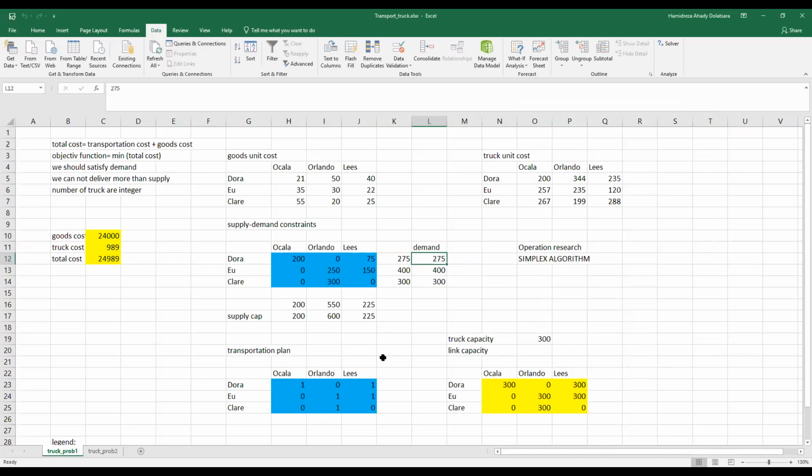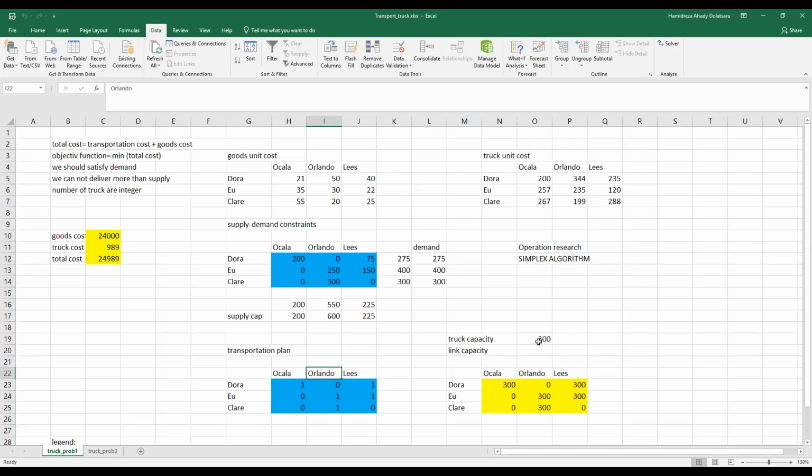So let's check what happens. This is our total goods cost, truck cost, and total cost, which is the summation of them. In the lower blue rectangle, you can see you should send one truck from Ocala to Dora, one truck from Orlando to EU, one truck from Orlando to Clay, one truck from Leeds to Dora, one truck from EU to Dora.